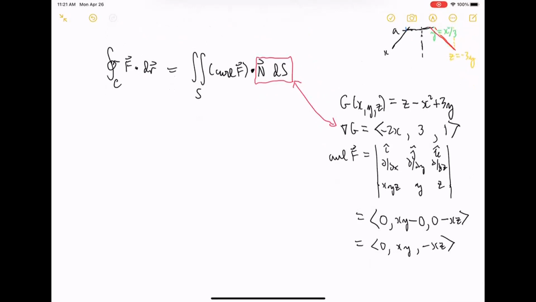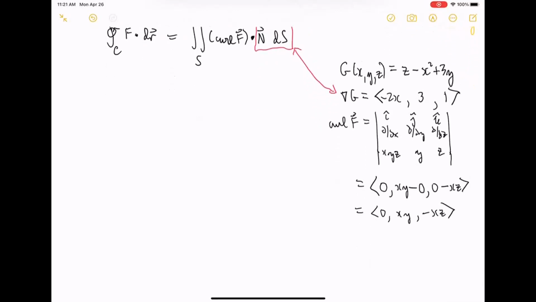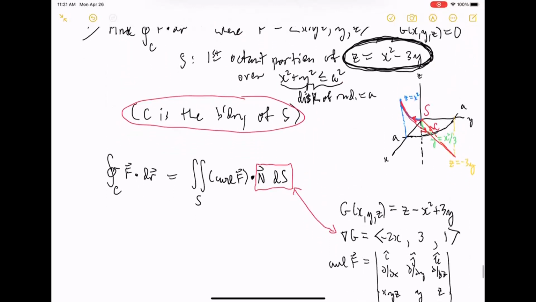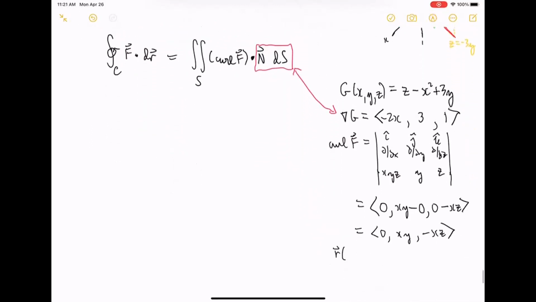So we have our curl, we have our normal thing, but we also have to think about the surface itself. How do we parametrize this surface? Well, in this particular case, z is already solved for in terms of x and y. So I might as well let my parametrizing variables just be x and y.